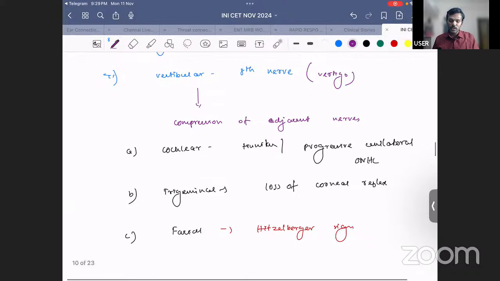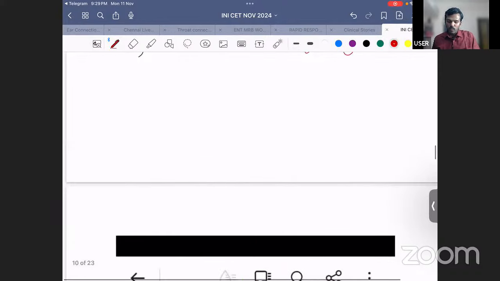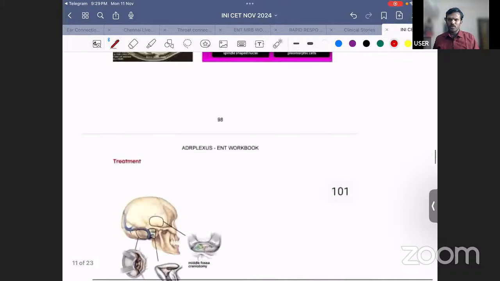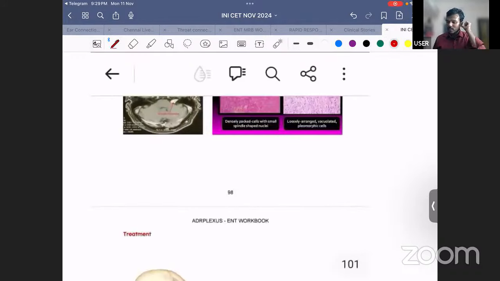Now, to put things into perspective, we can't take a biopsy from this because it is an inner ear tumor.